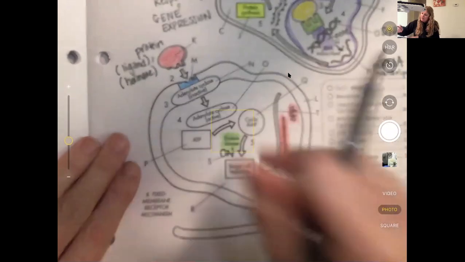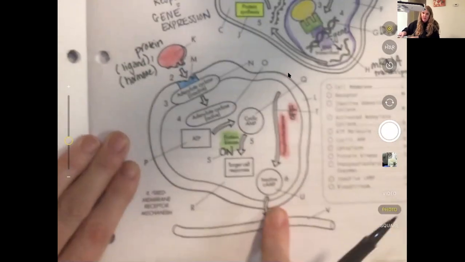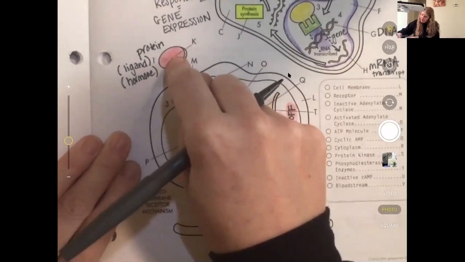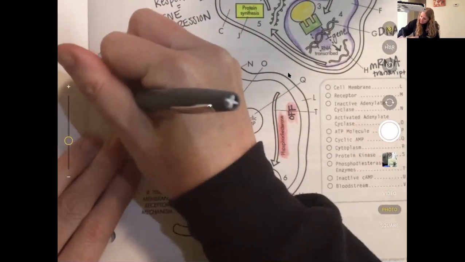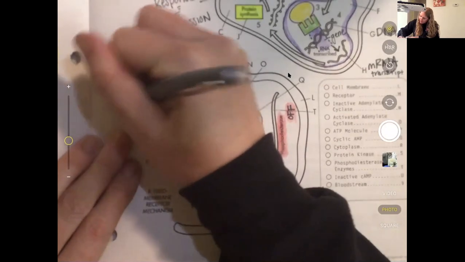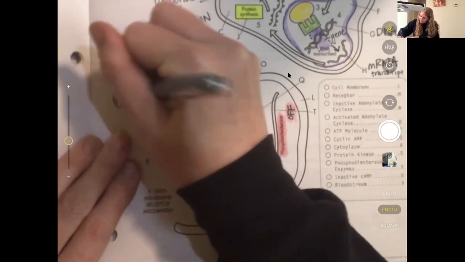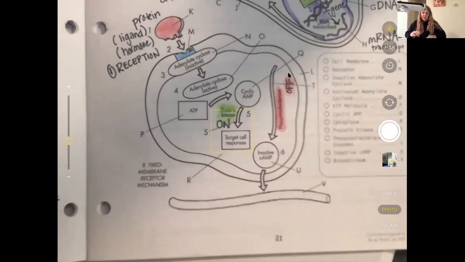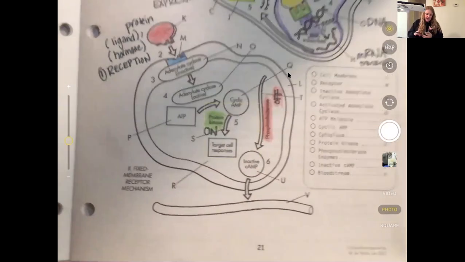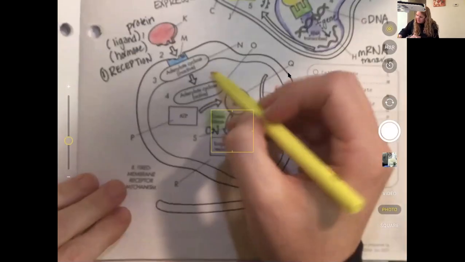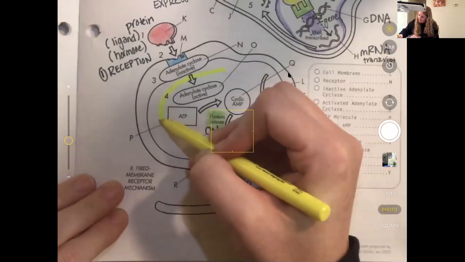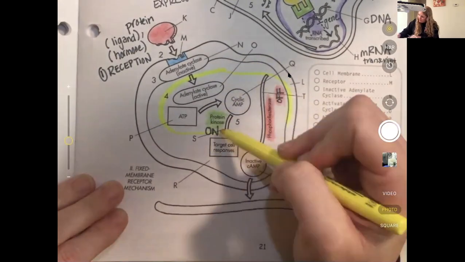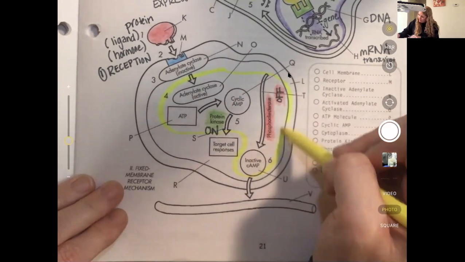So in our 3-step system of signal transduction pathways, right up here, where this is locking into place, this is step 1, right? Reception. Boom. I'm gonna grab my highlighter here, and transduction is these steps right here. And we'll even include the off part. Okay.